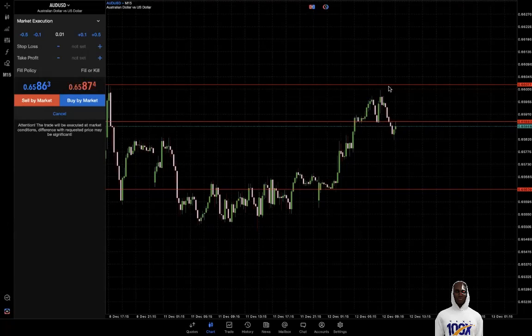The reason why I will be putting my stop loss up here is because the market can come up here and take me out, because it's at the tip of where orders are set. We call it an order block.